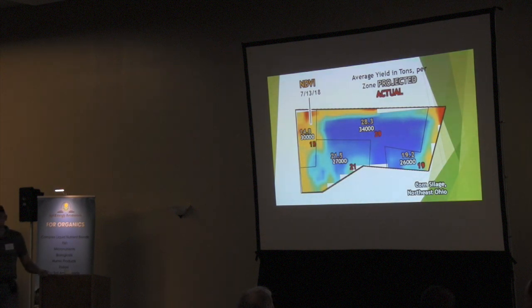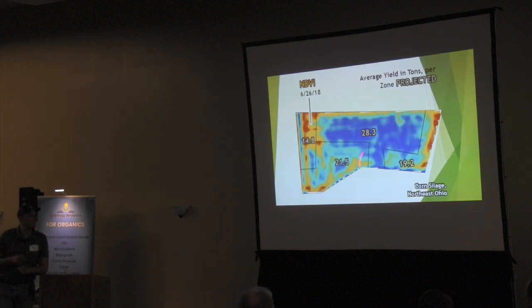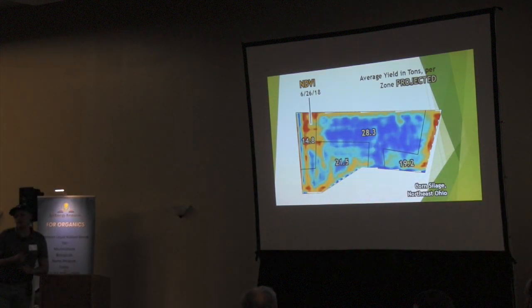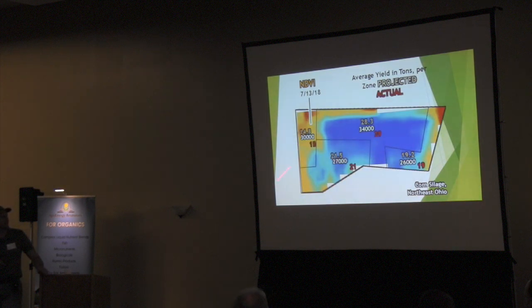You had twice the tons. We were expecting better out of this bad zone, and when the corn got out of the ground, it wasn't really there. We're not always perfect. I'm just saying it's kind of shocking, isn't it? You plant only 4,000 seeds less and get almost half the tonnage.